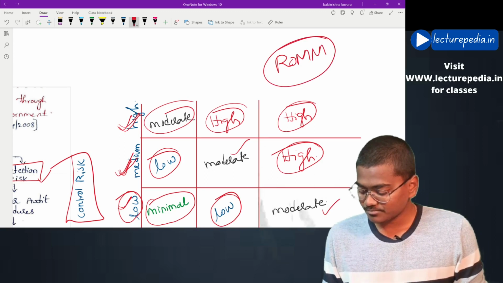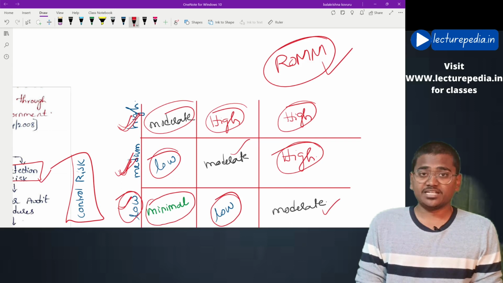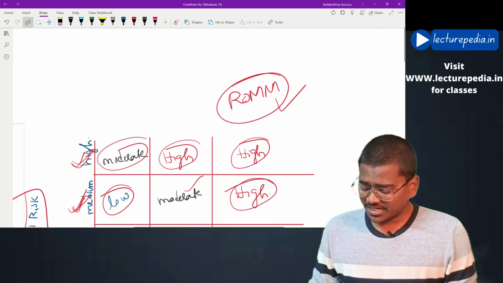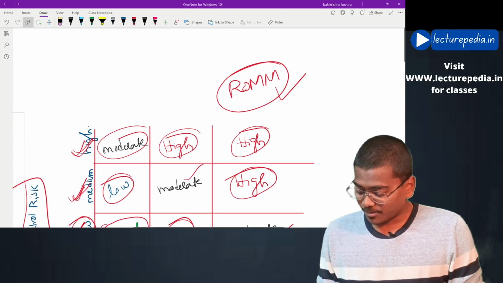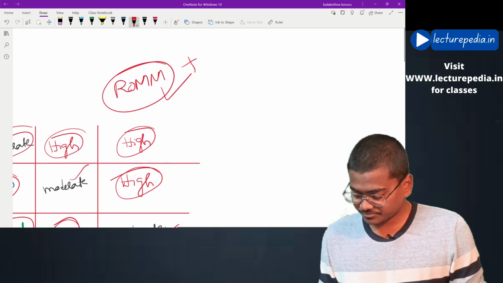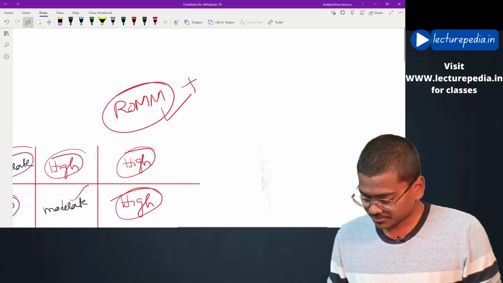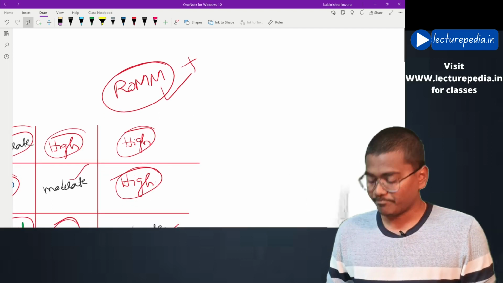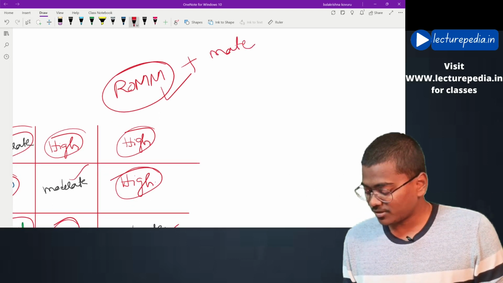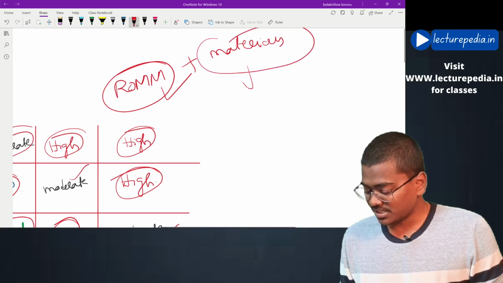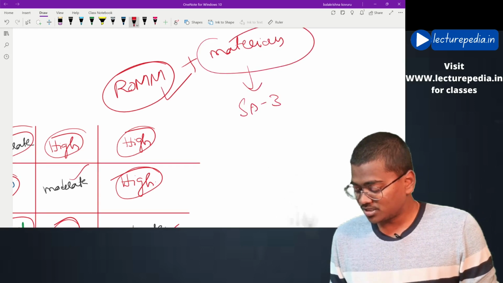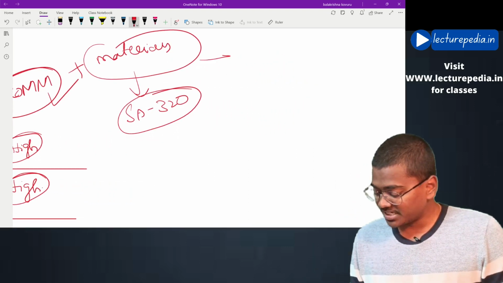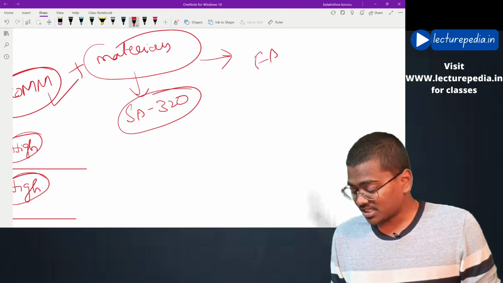After determining the risk of material misstatement, auditor will apply the concept of materiality as per SA 320, and based on this, auditor will design further audit procedures.